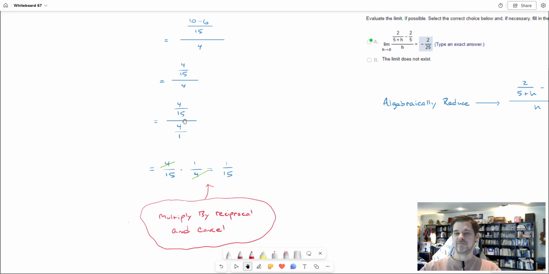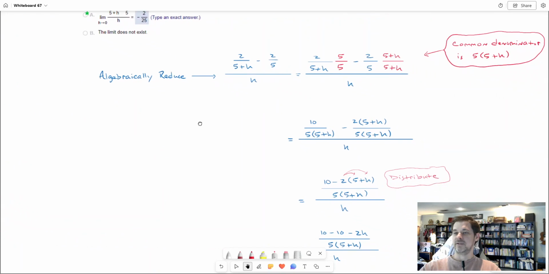I divide one fraction by another by multiplying by the reciprocal. Okay, so this is not 4 over 15 divided by 4 over 1, it's 4 over 15 times 1 over 4. Okay, then the 4's cancel, I'm left with a 1 over a 15. Okay, so that's the big picture procedure that I'm going to use over here.